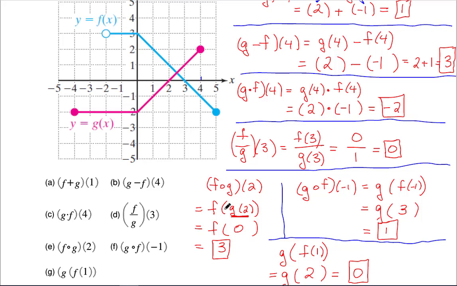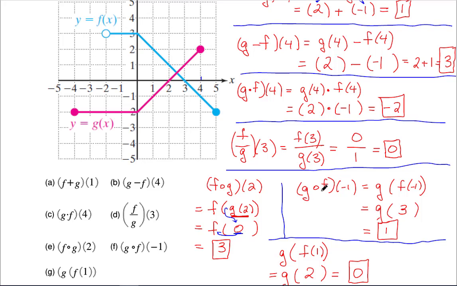So g of 2 produces this 0. Now the 0 goes into function f. All right, so here's 0. Where's f? f is here, and that's at a height of 3.